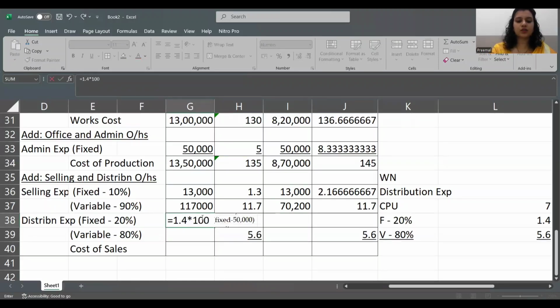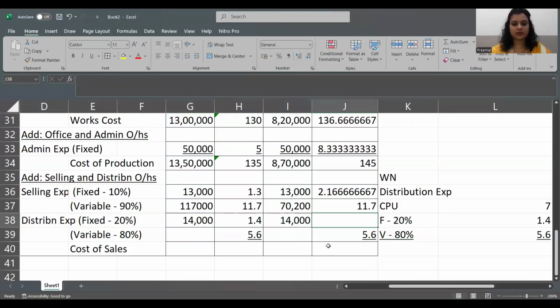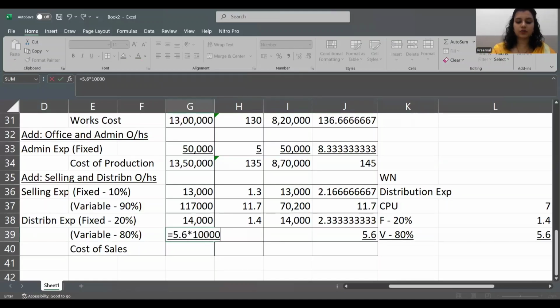1.4 into 10,000 units will give me the amount of fixed portion, which remains the same in the other column as well. Now, once you have your units and the amount and cost per unit, you calculate the remaining. Here, I'm going to be finding out cost per unit. So 14,000 divided by 6,000 units. For variable, I will have to find out the amount. So take the cost per unit and multiply into 10,000 units and 6,000 units.